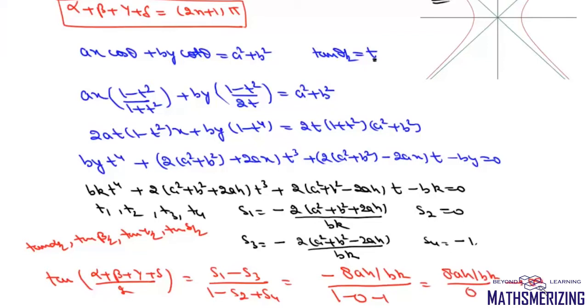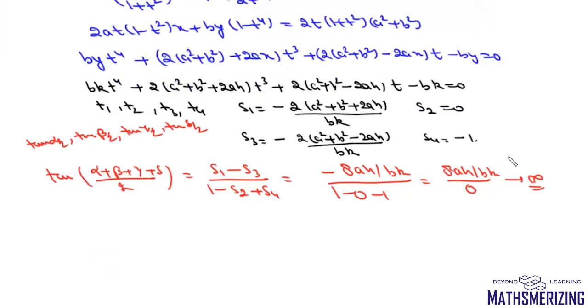So that means this expression approaches infinity. When tan theta approaches infinity, that means theta is an odd multiple of pi by 2. So we can write (alpha plus beta plus gamma plus delta) upon 2 must be equal to (2n plus 1) into pi by 2.